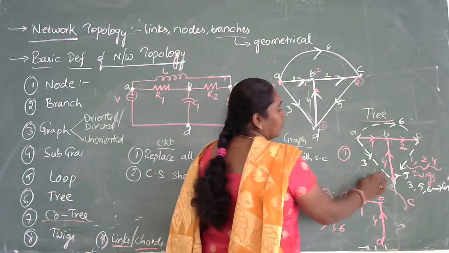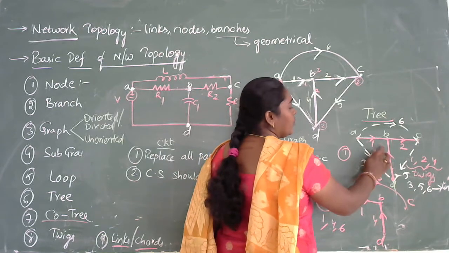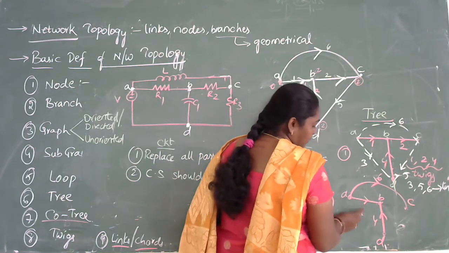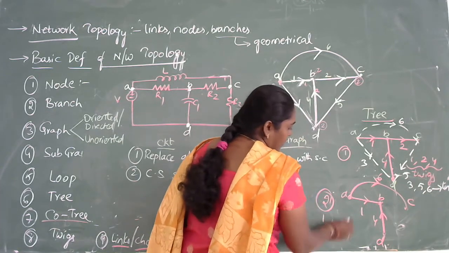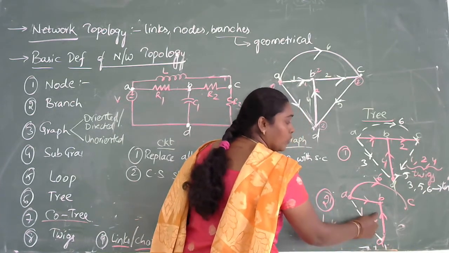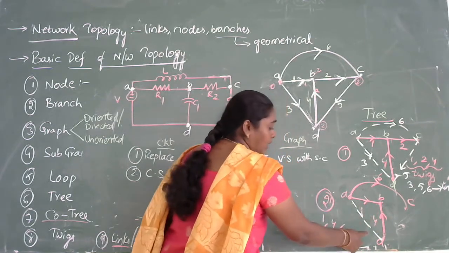Whenever you draw a link, only then is a closed loop formed. Let me take the second tree: if I draw a line between A and D, it will form a closed loop. So in order to form a closed loop, there should be a branch.